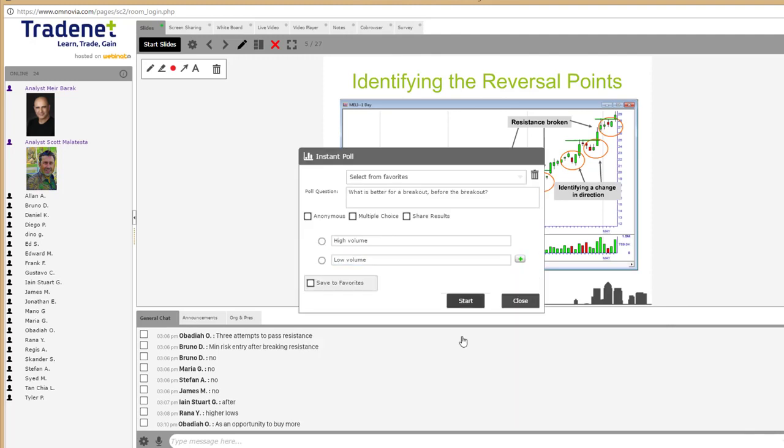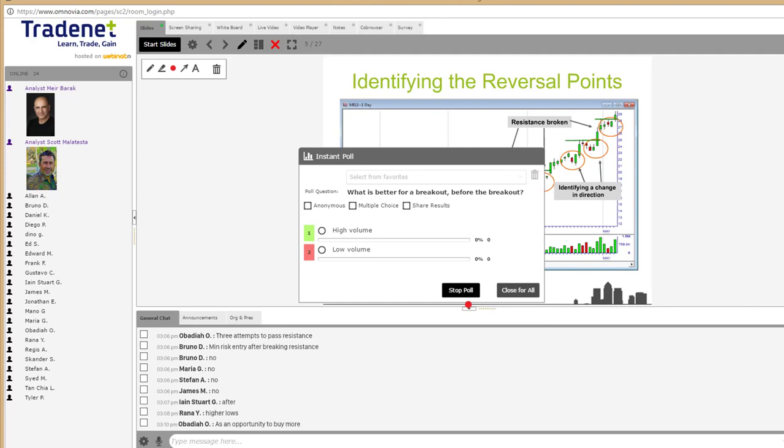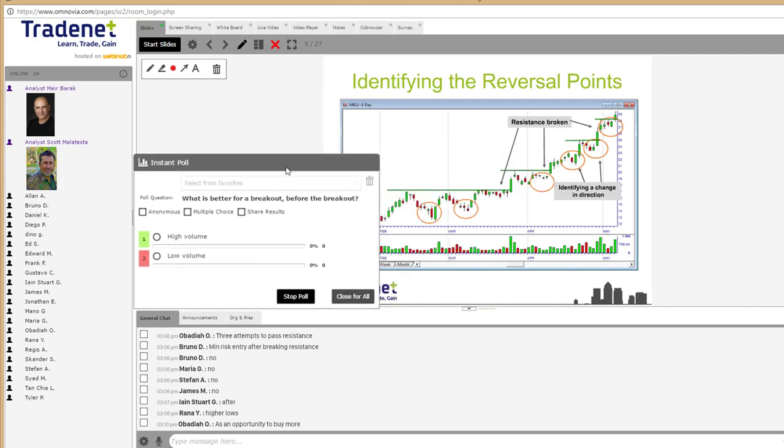What do you think is better at the consolidation area, before the breakout? We're seeing here, in this case, low volume, but what would I prefer? High volume before the breakout or low volume before the breakout? What do you think is better?